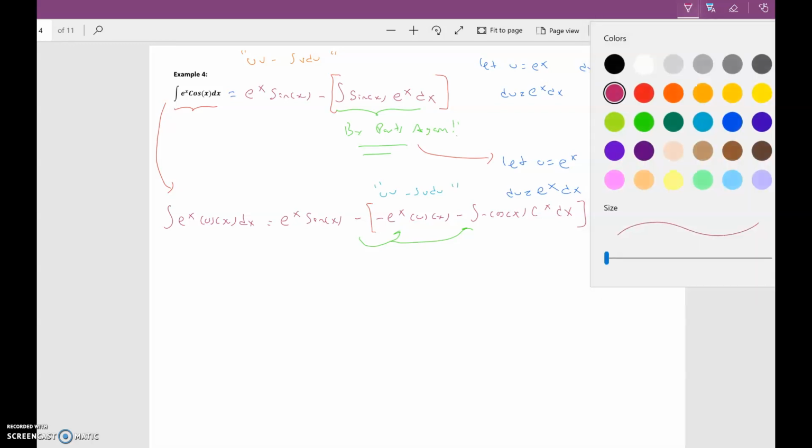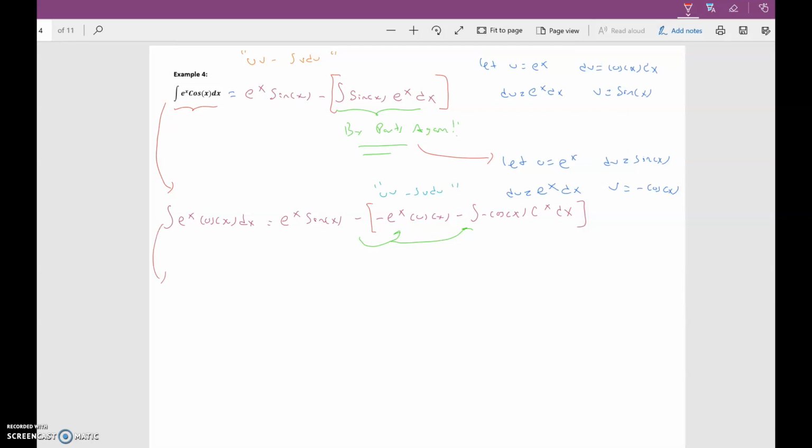So this is still the integral of e to the x cosine of x dx, which is equal to e to the x sine of x, and technically plus an e to the x cosine of x, and this is going to give us a plus minus the integral of cosine of x e to the x.